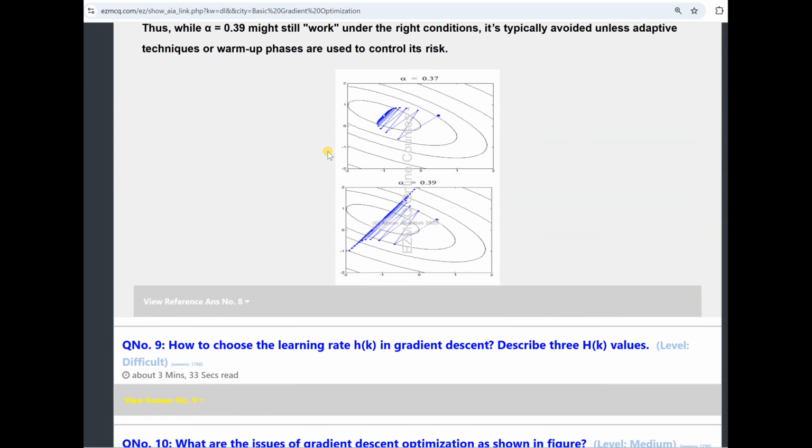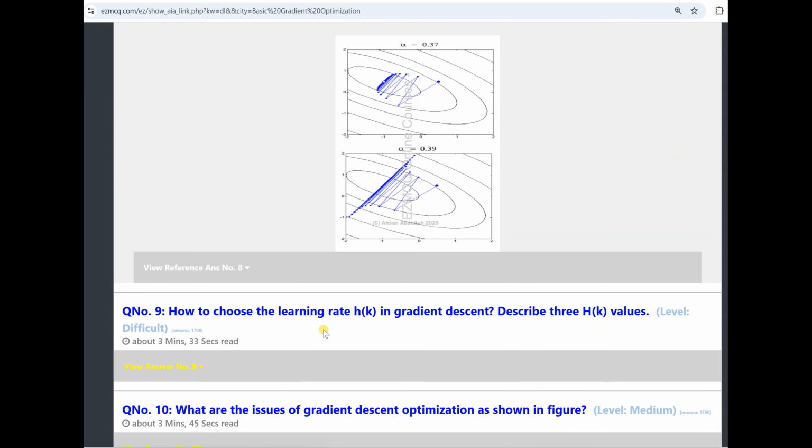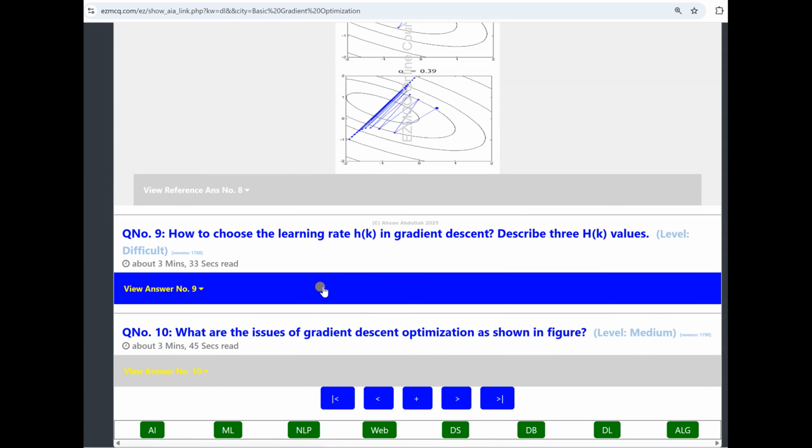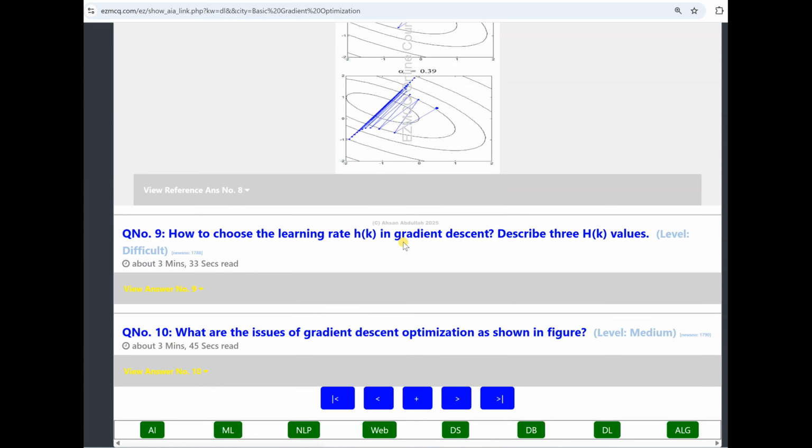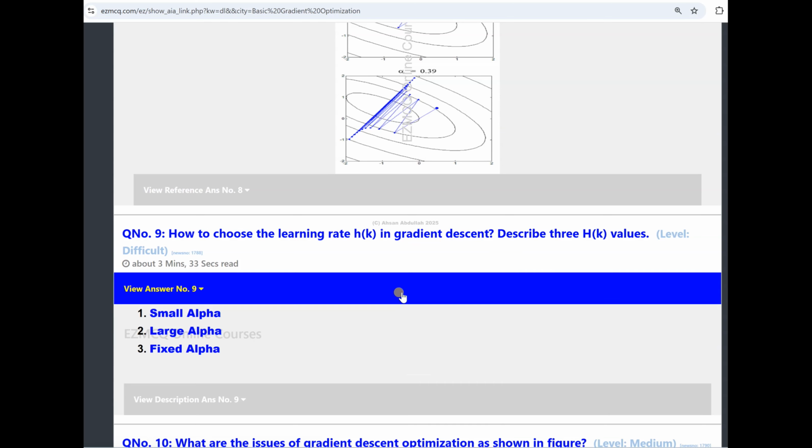Now we have a more challenging question: how to choose the learning rate. What are the three values? The three values you are looking at are small alpha, large alpha, and fixed alpha, because choosing the value of h of k is critical. Why? Because it affects the efficiency and effectiveness of the optimization process, whatever that value may be.